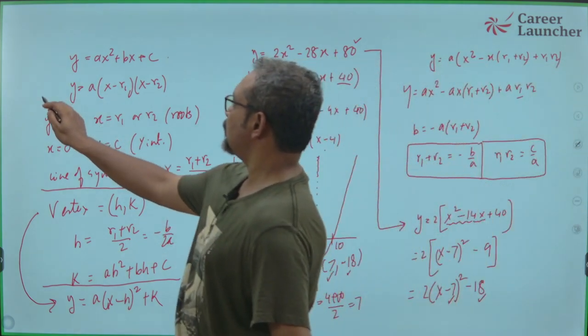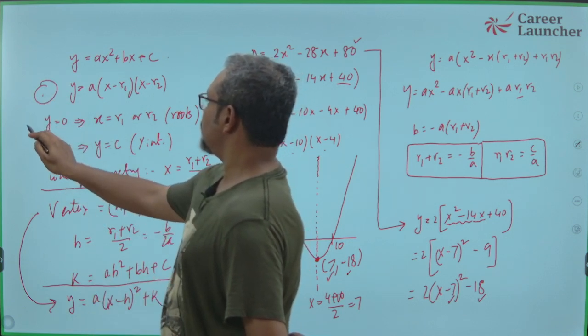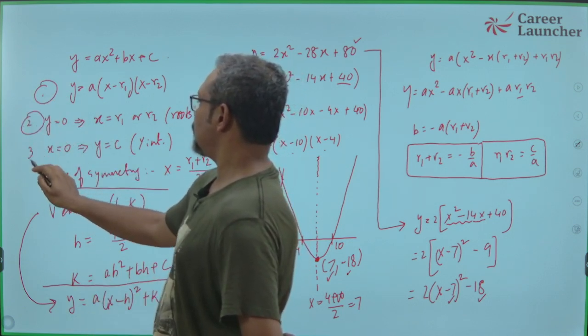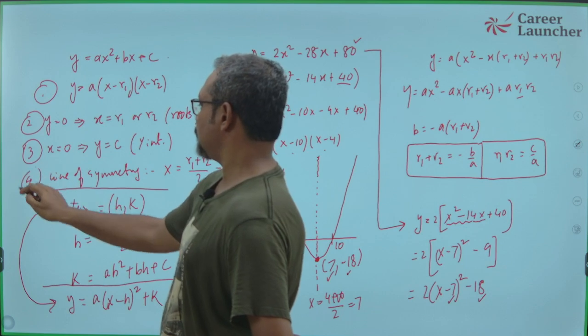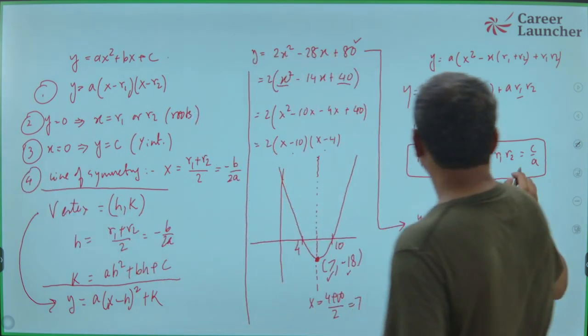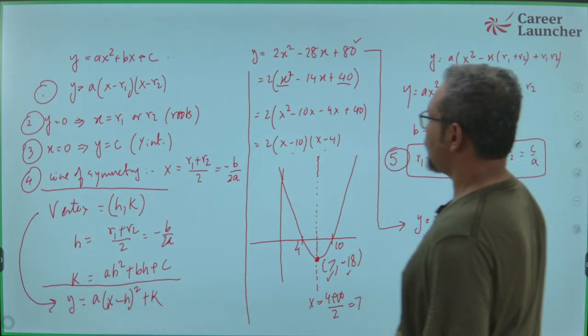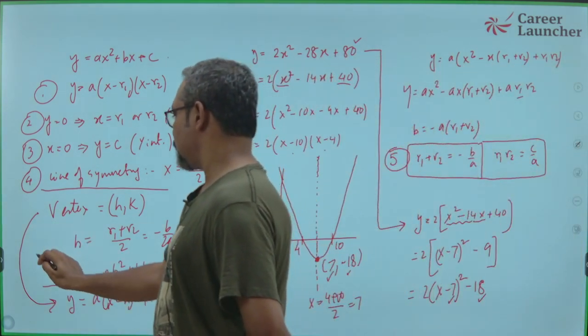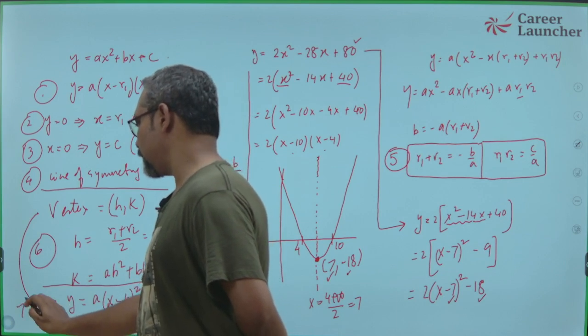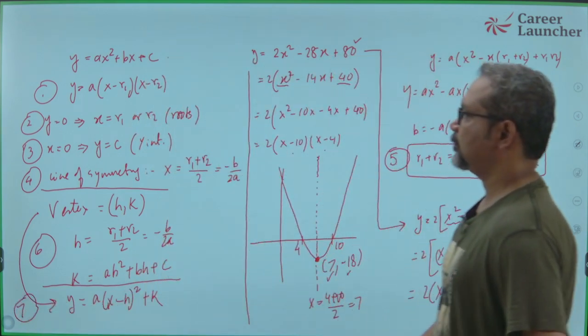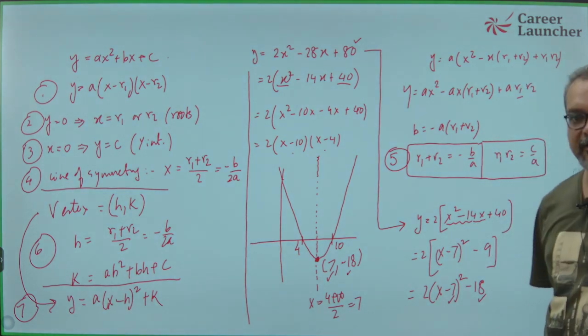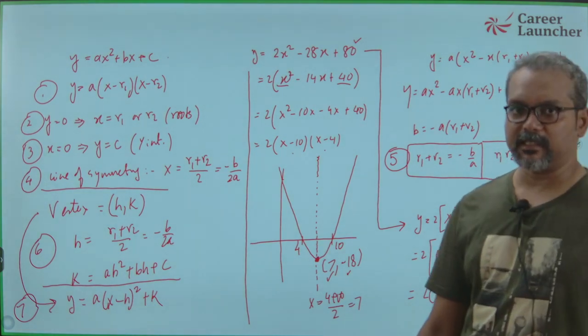This is number 1, then number 2, 3, the 4th one, then the 5th one, then number 6, and finally number 7. These are the 7 basic rules.